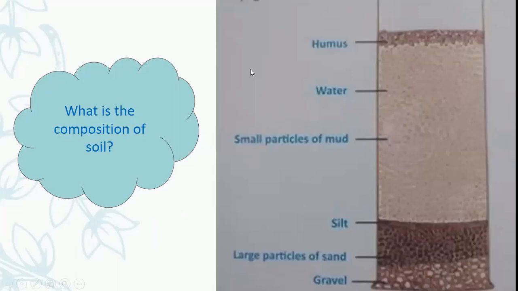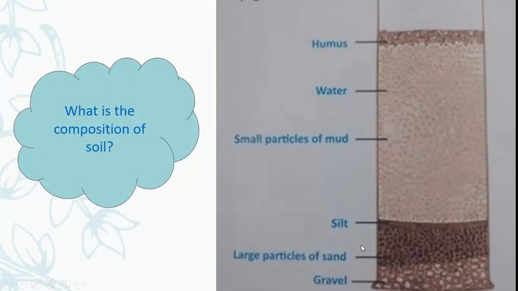If you get some soil and put it in this glass tube or cylinder, then add water to it, shake them together, and leave them for several hours, after some time you will find gravel. Gravel means rocks.